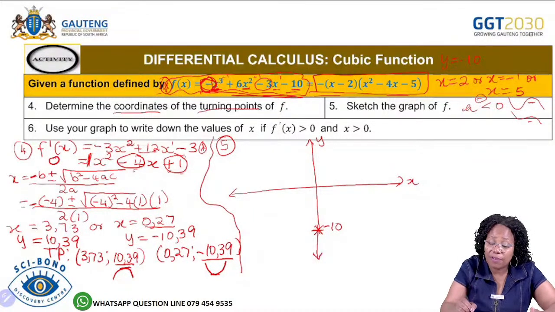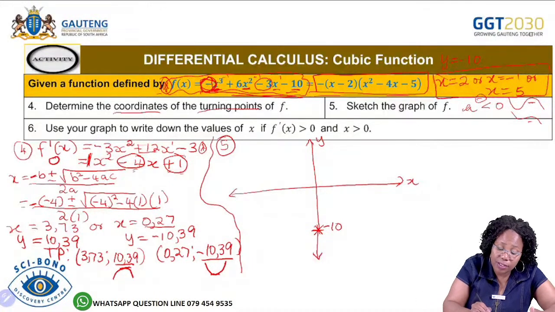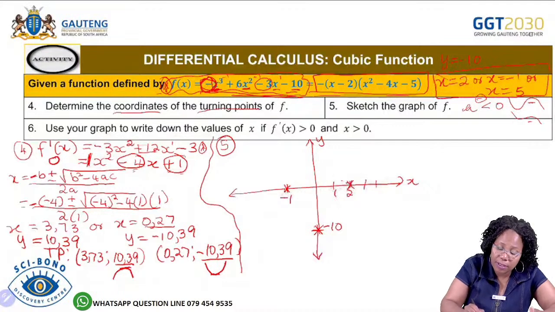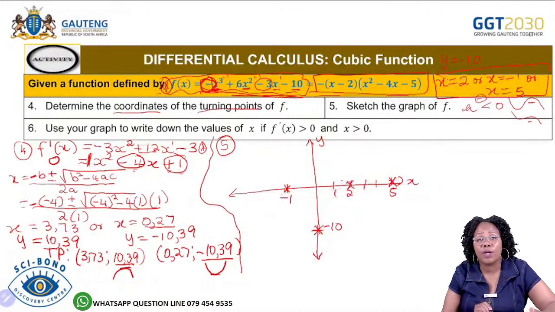And then remember, we have calculated the x-intercepts from the previous question 3. So this is x equal to -1. This is also an x-intercept. And then x equal to 2, our second x-intercept. And lastly, we have the third one at x equal to 5. Those are the 3 x-intercepts.